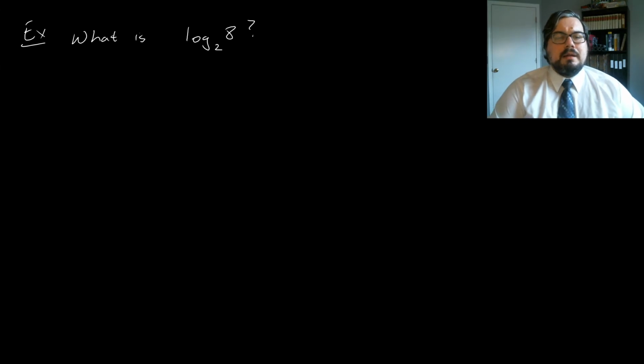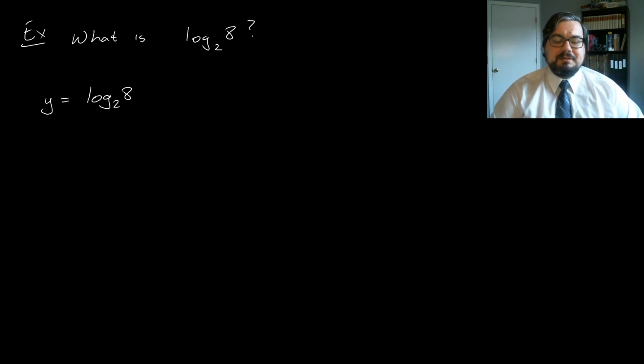Well, we can solve this by setting up an equation where we set a new variable y equal to this expression that we want. We could let y equal log base 2 of 8. Now this is a logarithmic equation. We have a logarithm with some input that gives us some output. Now in this case, the output is a variable, but that doesn't matter. We can still do the conversion.